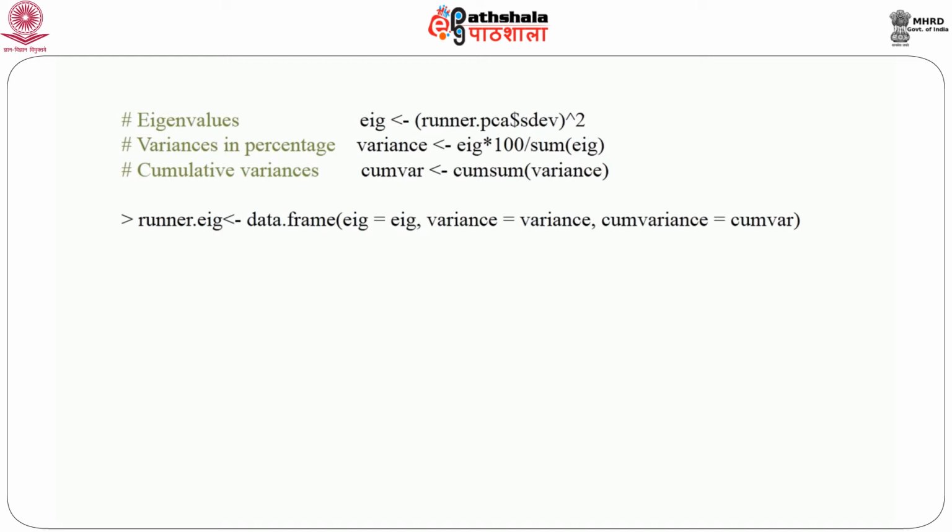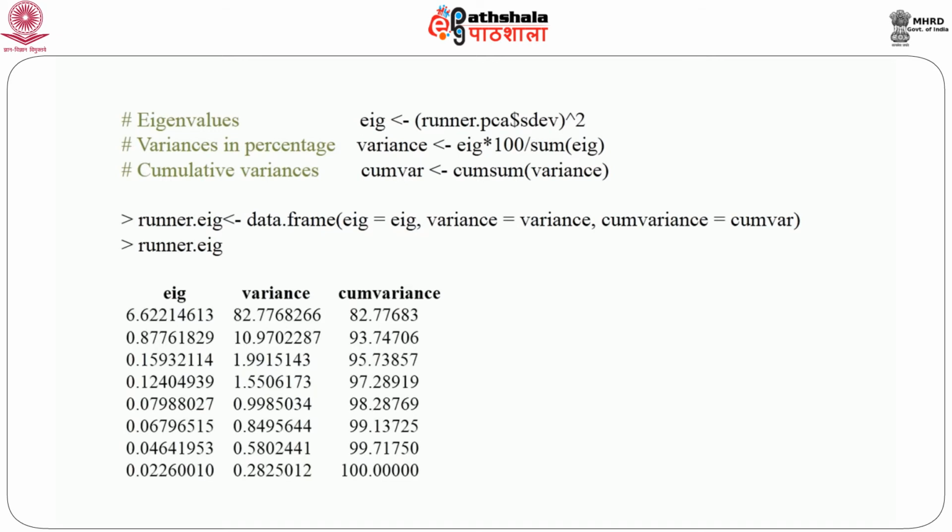We also find the percentage of the variability explained by the different principal components and also the cumulative percentage of the variability explained by the different principal components. For simplicity, we basically arrange them in a data frame and we have the following.